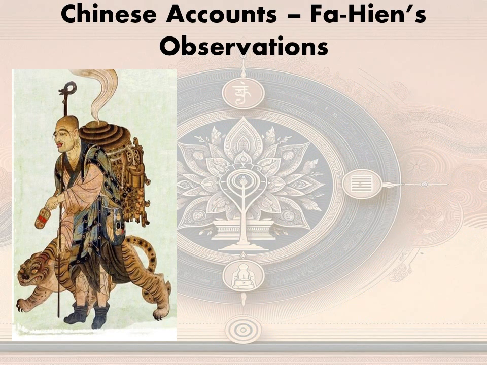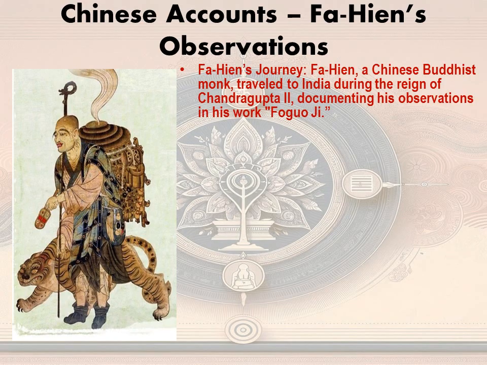Chinese accounts, Fa-Hien's observations. So Fa-Hien was a Chinese traveler who came to India during the Gupta time, and what did he observe? Fa-Hien's journey. Fa-Hien, a Buddhist Chinese monk, traveled to India during the reign of Chandragupta II, documenting his observations in his work Fuguo Ji.